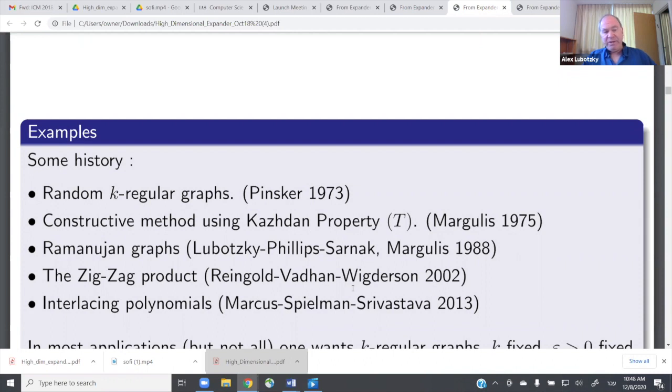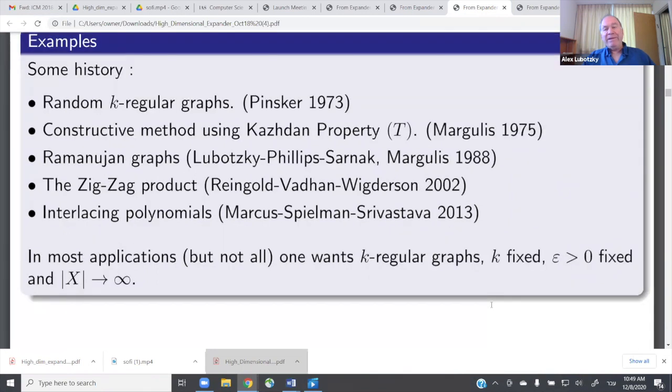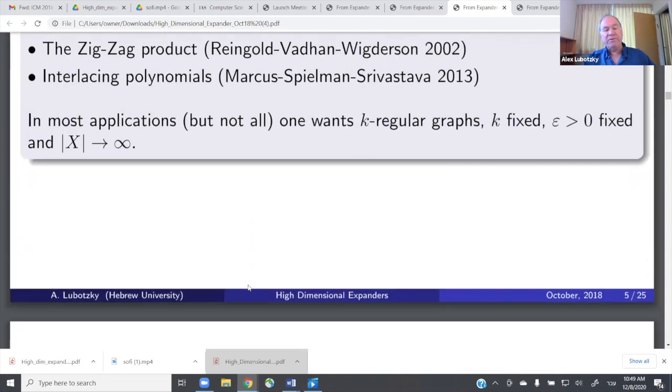And it has many other applications. And more recently, Marcus, Spielman and Srivastava got another way to get Ramanujan graphs, and in particular expanders, via the so-called interlacing polynomials. And the name of the game here is always, or almost always, that we want k-regular graphs, k fixed, epsilon greater than 0, and n goes to infinity.